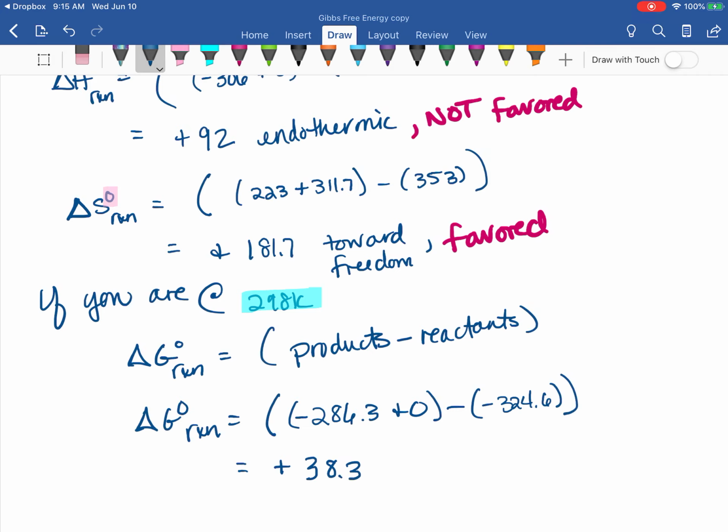Okay, does anybody else get that? We've got our reactants minus our products.